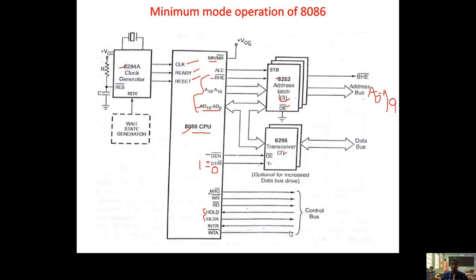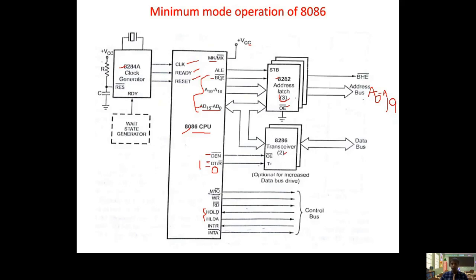After receiving interrupt acknowledgement, the processor executes the external peripheral instructions. Like that, we have the signals present in the minimum mode of 8086. Finally, the 8086 mainly receives three signals from the external clock generator: clock, ready and reset.